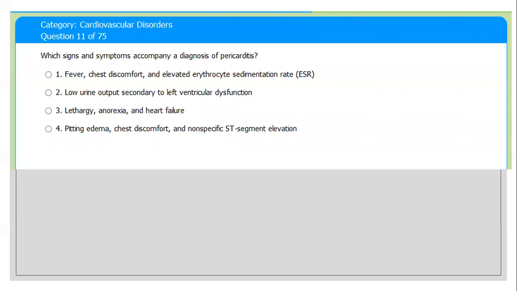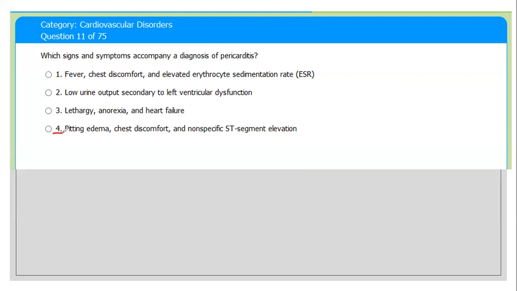Maybe WBC goes up, maybe ESR goes up. Option 2: low urine output secondary to left ventricular dysfunction, lethargy, anorexia, heart failure. Number 4: pitting edema, chest discomfort, and non-specific ST segment elevation. Out of 4, what is your choice?